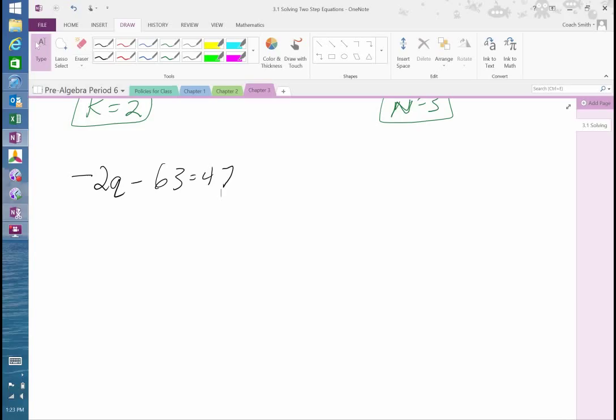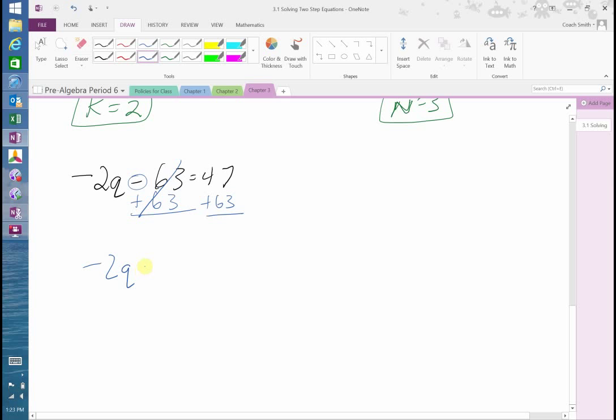Okay, the process still doesn't change. It's still do addition or subtraction first. So here we're subtracting, so we've got to add 63 to both sides. This cancels. 63 plus 47 is what? 110.